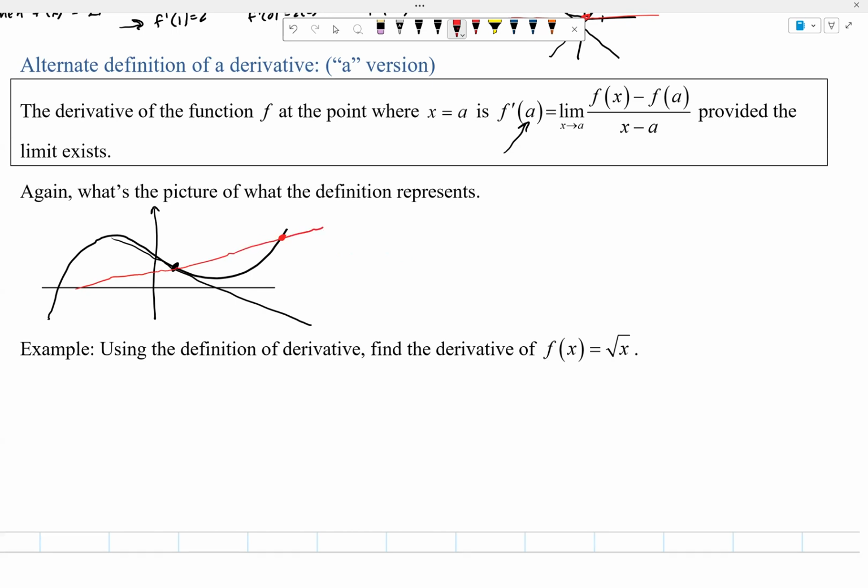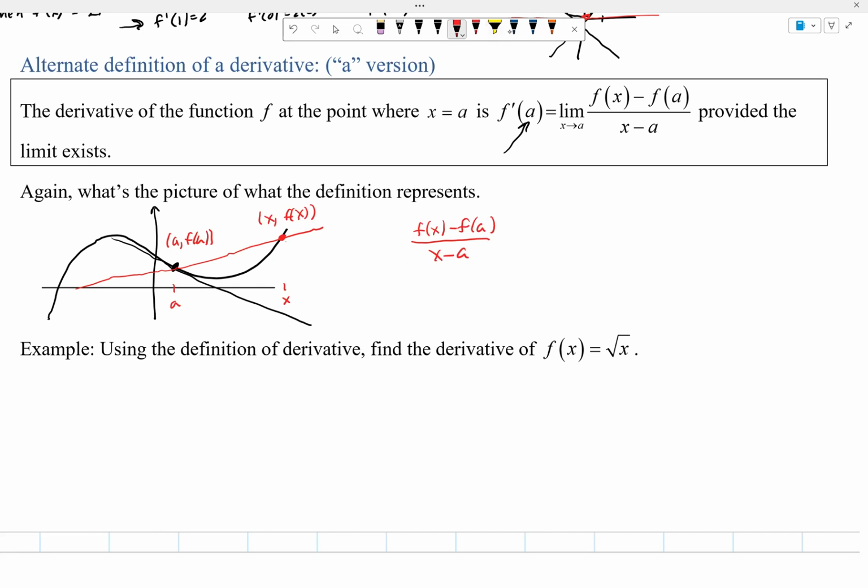Let's do some labeling here. Let's call this point A. Let's call this point X. So this is the point A, f of A. This is the point X, f of X. And the slope between them is f of X minus f of A all over the difference in the X terms, X minus A.